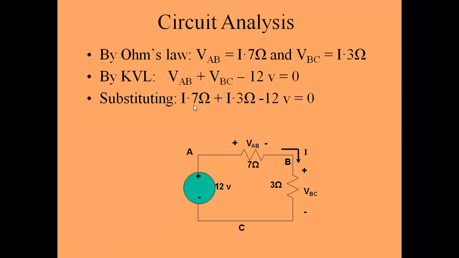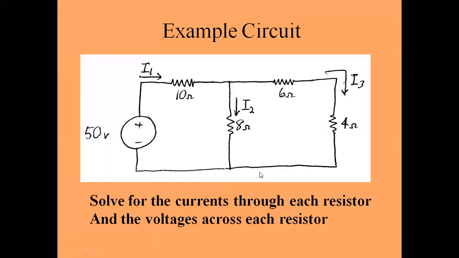By solving this equation, 7 plus 3 gives 10I minus 12 is equal to 0, so 10I is equal to 12 volt, and I is equal to 12 upon 10. The current flowing through this circuit is 1.2 ampere.